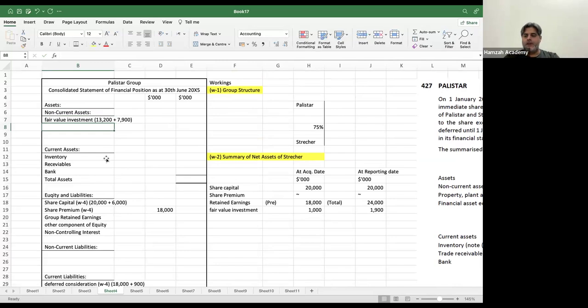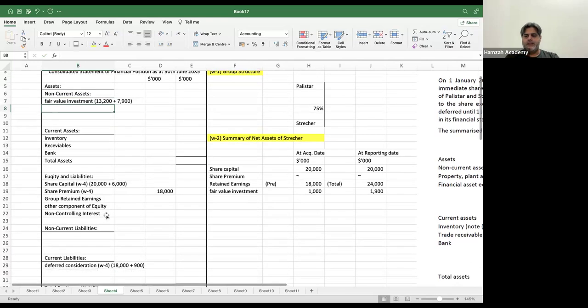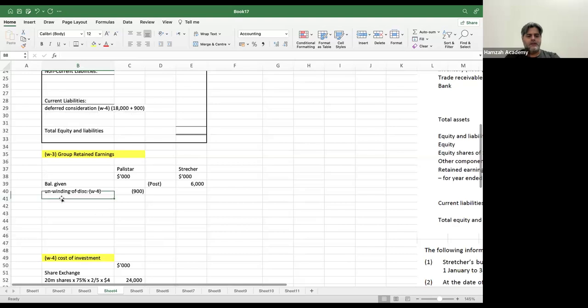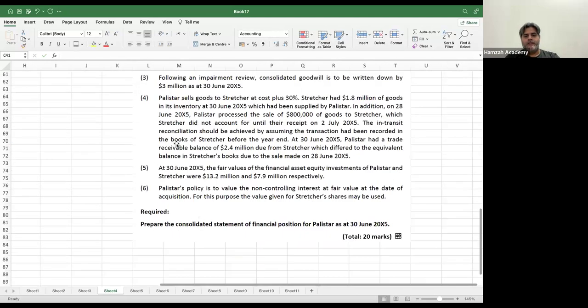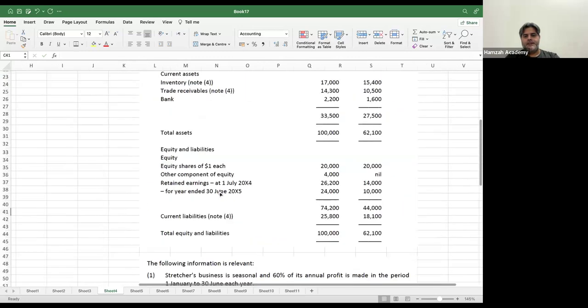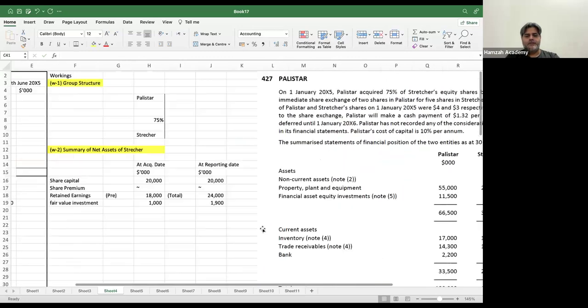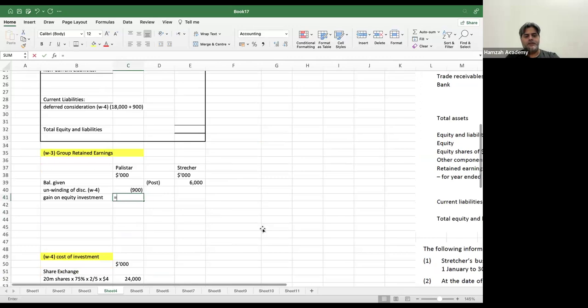And with the corresponding half, I am going to give the share over here, right? And gain on equity investment over here in number 5. This is the 13.2. This is at 11,500. So 13.2 and 11,500.